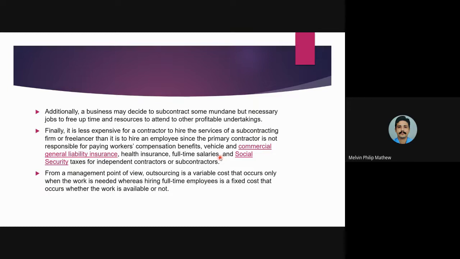But if you are employing an employee, we have to give these benefits and a fixed salary or a fixed price for his work. Rather, in subcontracting, we just have to give the money for the product's cost itself. You don't have to give the salary or wages for a full-time employee. Thereby, subcontracting is less expensive.